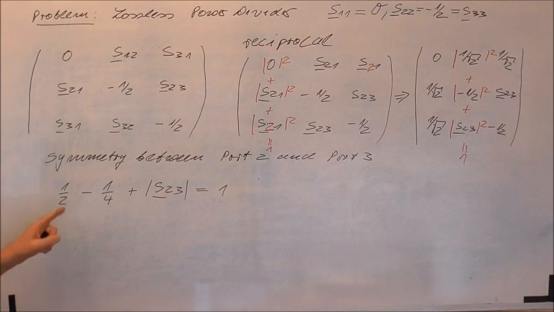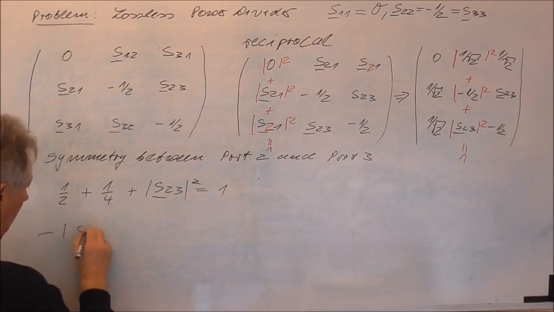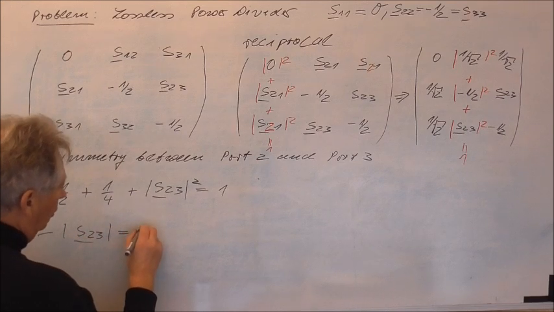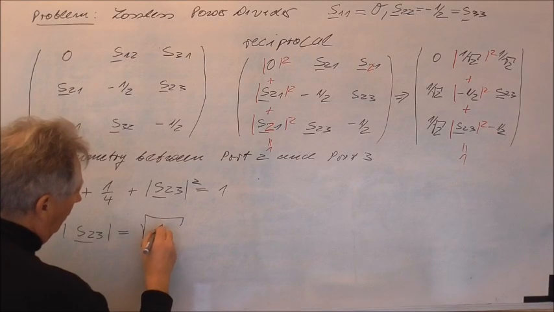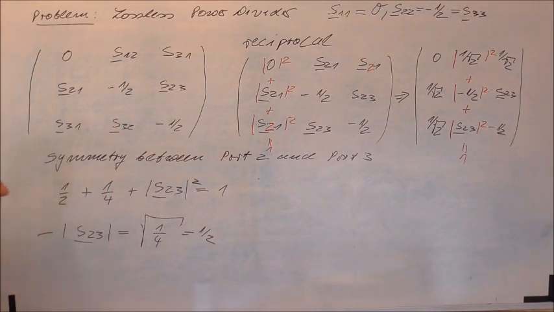Sorry, here of course it must be 1, and then you see that the absolute value of S23 must be equal to the square root of 1 over 4, and this will be 1 half again. So at the end we now get the whole two-port.